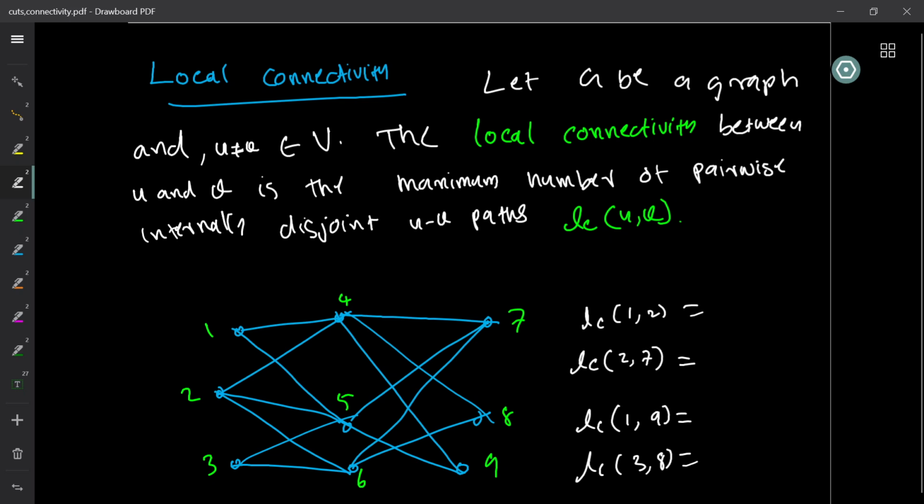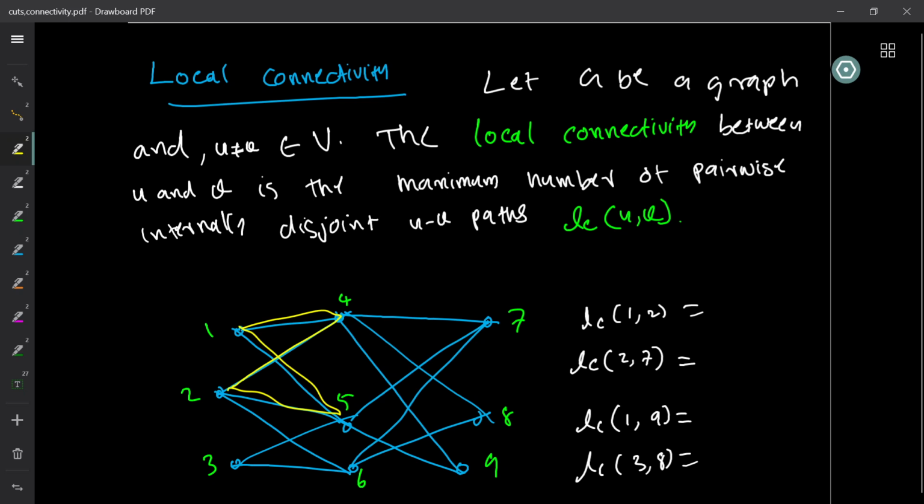So in this example, you can look at the local connectivity between pairs of vertices. Let's say between 1 and 2, what is the local connectivity? You want to look for internally disjoint paths between 1 and 2. For example, this one is a path, then I find another path. So there are these two, and there cannot be more than two because there are only two edges going out of 1 and these vertices, so I cannot use them more than once.